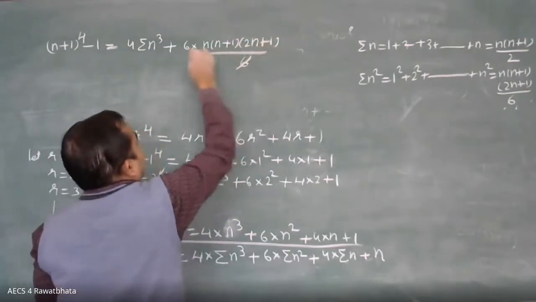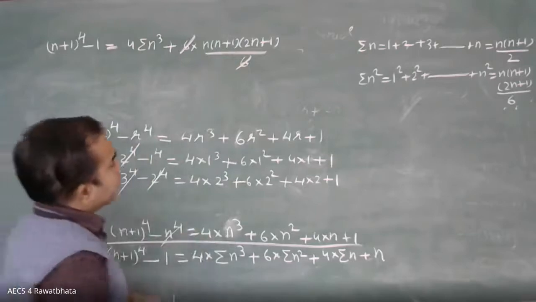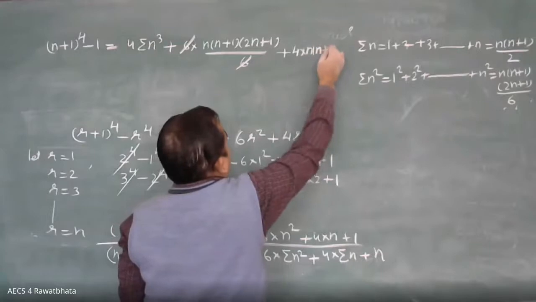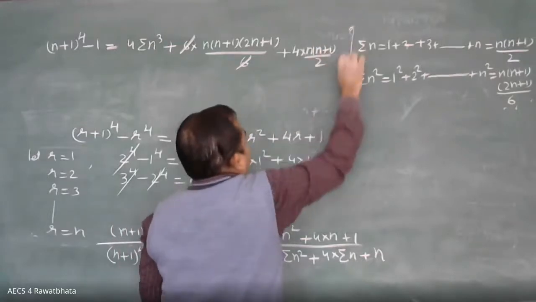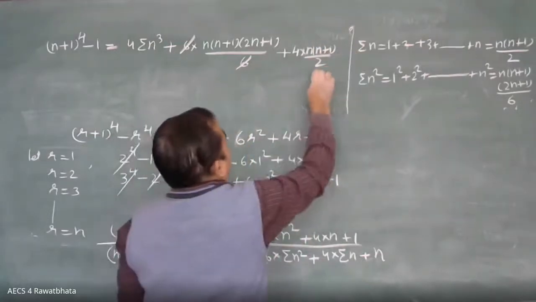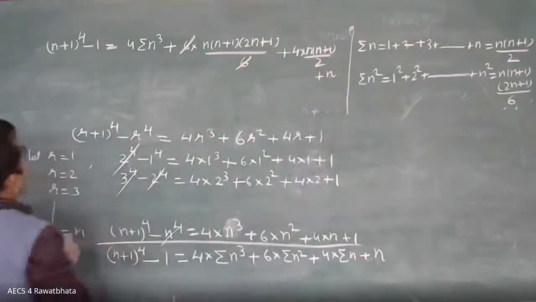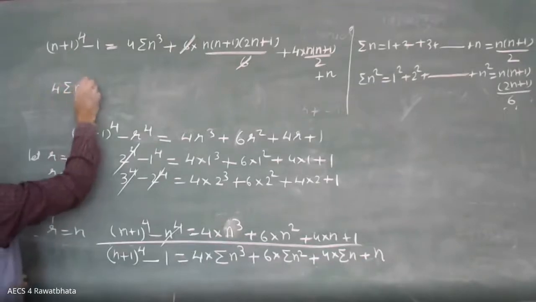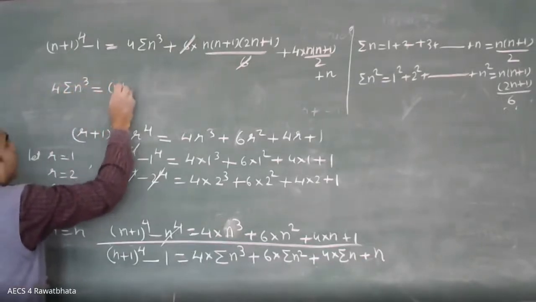Okay, this is plus 4 sigma n. Sigma n also I have, plus n. Simplify.